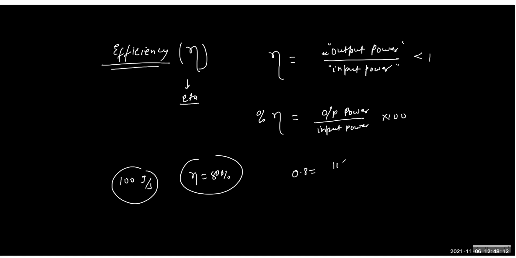The output is known to us, 100, and the input we're looking for, X, will be 100 upon 0.8, which is 125. So if you supply 125 joule per second, with this efficiency, I can still get 100, which is what I'm looking for. So this kind of calculation should be handy. You should know how to do this basic calculation. That's efficiency.